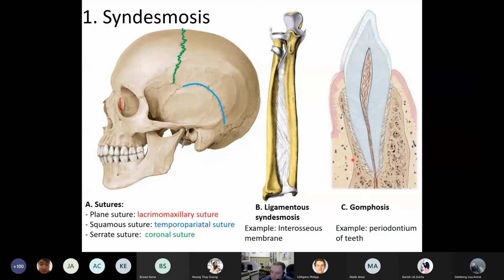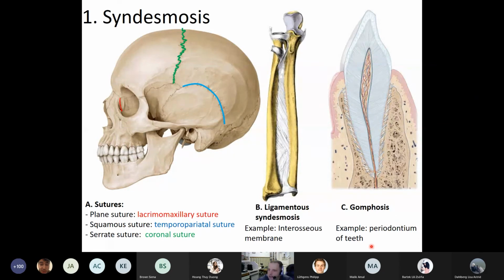Finally, another example which comes up in the next semester when we talk about the teeth. Teeth are sitting in the alveolar bone, and you can see very strong but very short connective tissue fibers which fix the tooth in the alveolar bone, and that is the so-called gomphosis, which is made by the periodontal ligament.